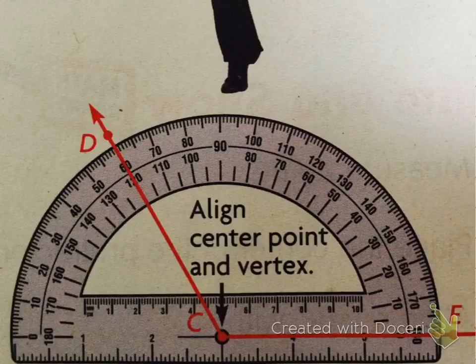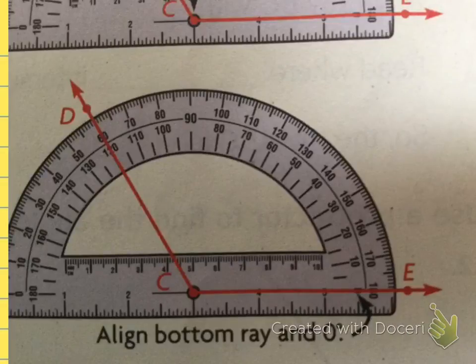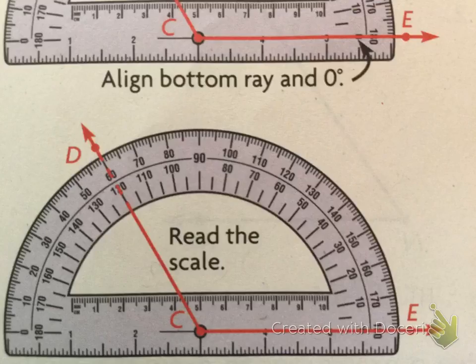Then I'm going to align the bottom ray and the 0 point along the straight edge of my protractor. Finally, I'm going to read the scale on the inside edge starting at 0 from the ray CE.